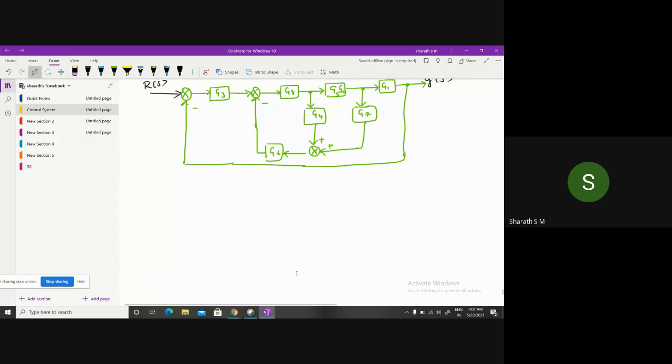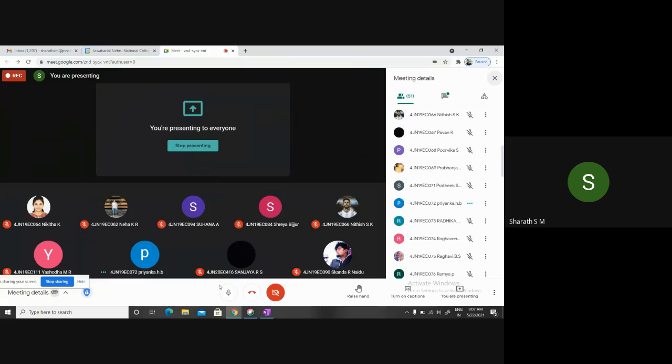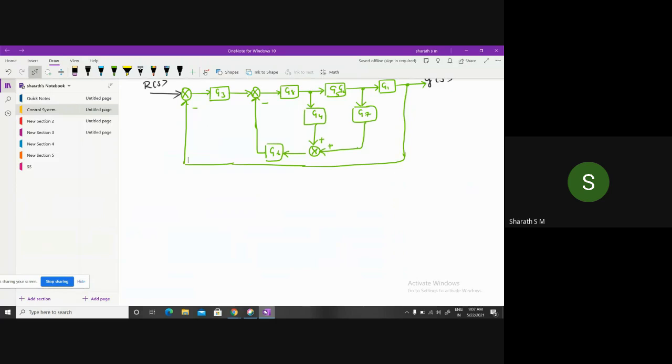Roll number 72. Yeah. What is the first step here?